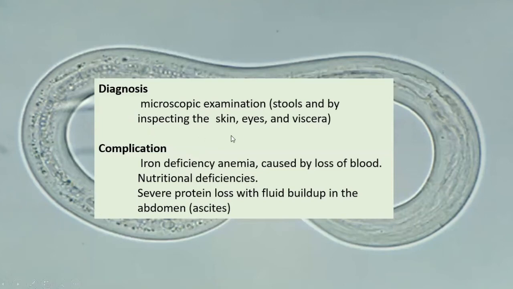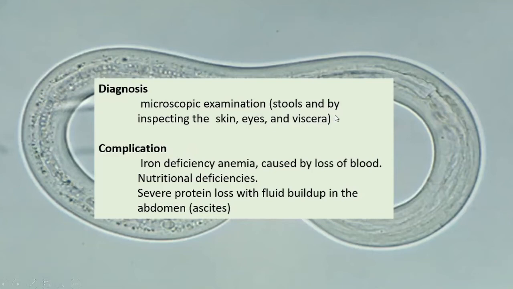The diagnostic exam for this disease is microscopic examination. The stools of the infected person are carefully examined under a microscope, and the skin, eyes, and viscera are inspected, identifying eggs in the stool.